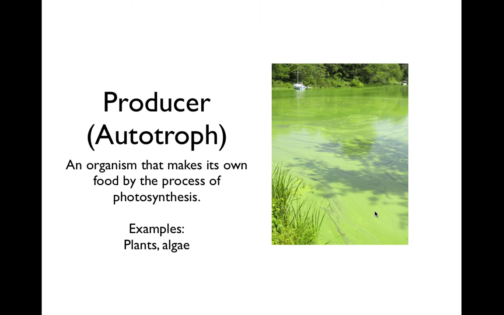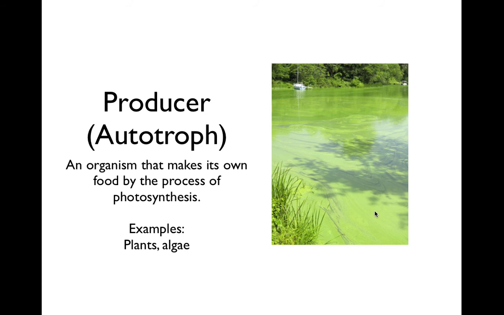Okay, let's go through the specifics. A producer is also called an autotroph. This is an organism that makes its own food by the process of photosynthesis. Plants and algae are examples of this, and this is what we call a producer.